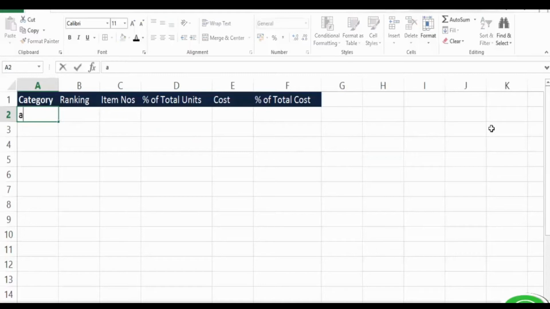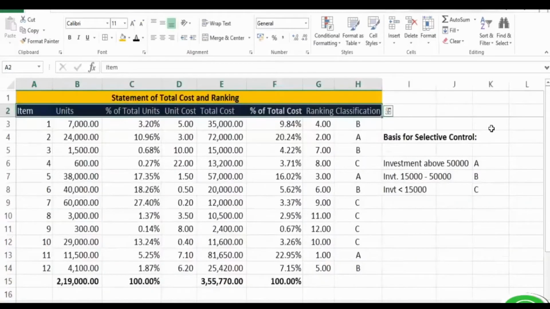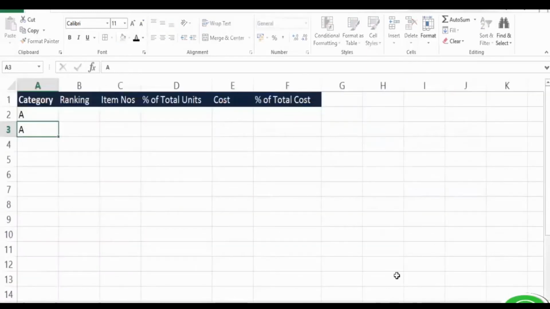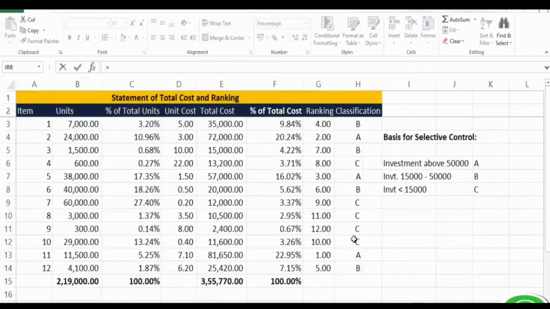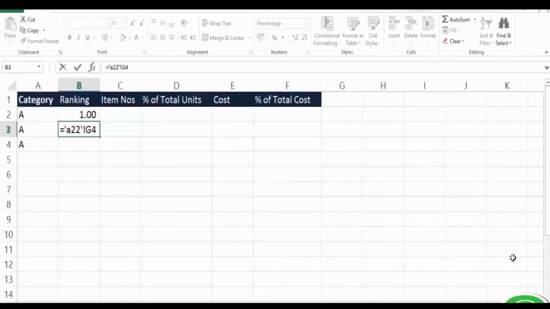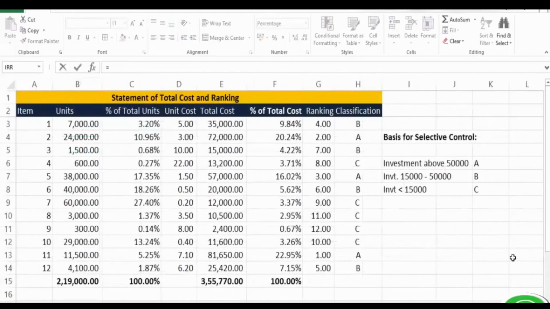The first category should be A, and how many items we had under A. There are 3 items. Okay, so let me just put it across. A, there are 3 items, and what are the ranks which we had in A? Probably we had this first rank, then we had second rank, and we had third rank.